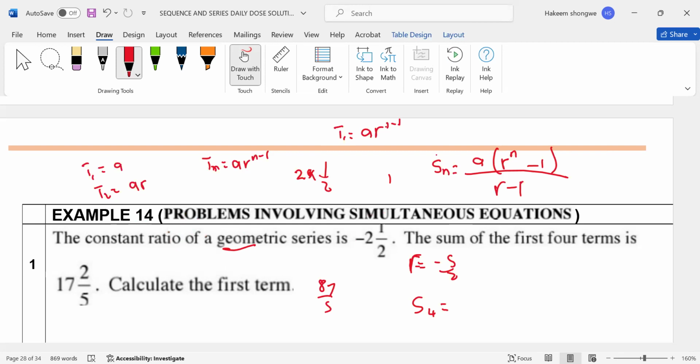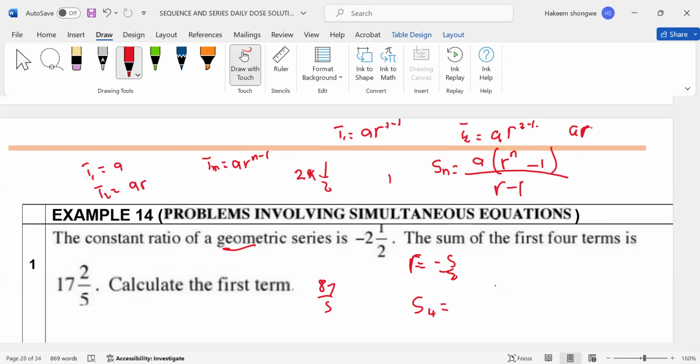But at the same time, if I substitute 2, what are you going to get? You get AR. How did you get AR? You come and substitute, you're going to have T2, which is going to be AR to the 2 minus 1, and 2 minus 1 is going to give us AR. Now, what do we expect T3 to be?